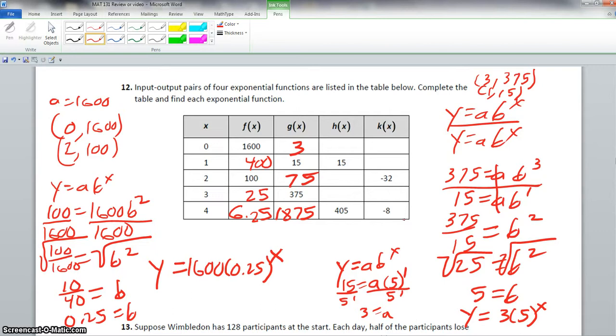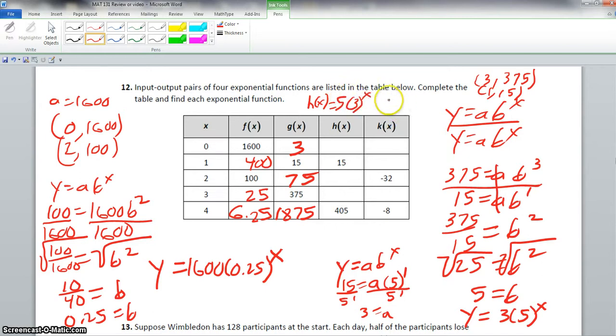So all you have to do is follow this process and you will get the correct answer for h of x and also k of x. And what I would do also, I will write down the formulas for you. So for h of x, the formula is h of x is equal to 5 times 3 to the x.